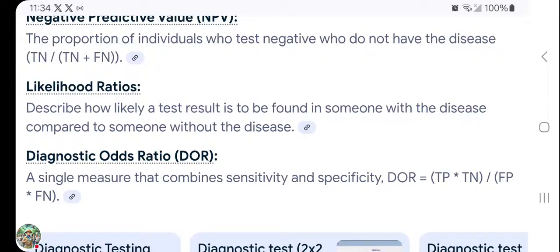So DOR equals true positive times true negative over false positive times false negative. Okay, like that.